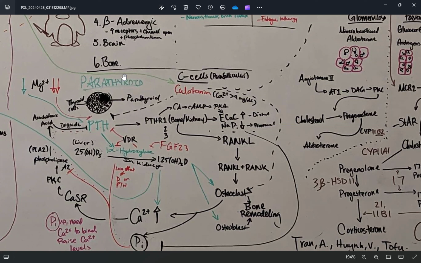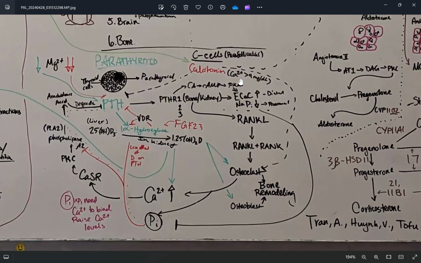Sorry, can I make a quick note? For bone remodeling, PTH has to go through the osteoblast first, before it gets to the osteoclast. That's a kind of protective mechanism, so that we're not just breaking down bone. So PTH directly goes to the osteoblast, which has the RANKL, which then binds to RANK, which is on the osteoclast.